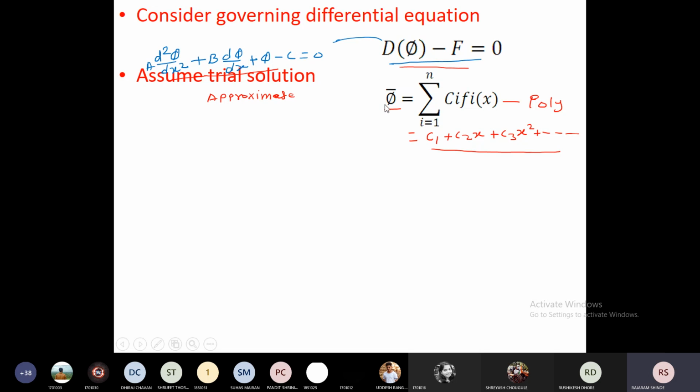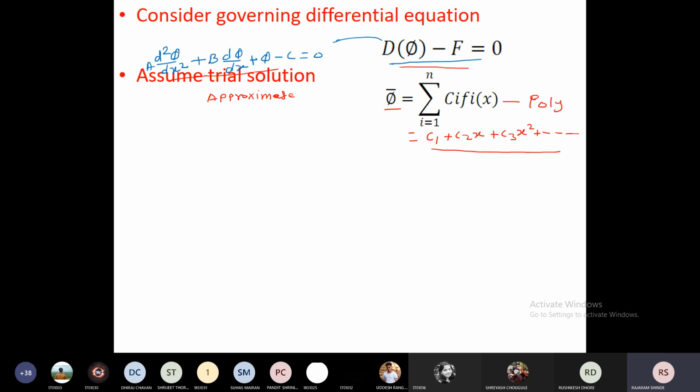Here, trial solution. This is the second step. How to assume these solutions? What is the criteria for this approximation? That we will discuss later. But you have to remember this is a trial solution. It is in the form of a polynomial. Here Ci, i is 1 to n, that means C1, C2, C3.